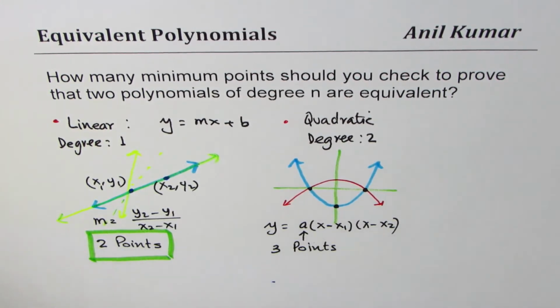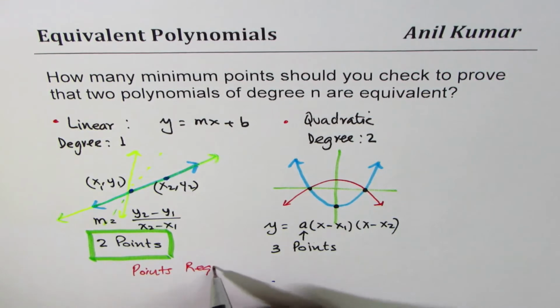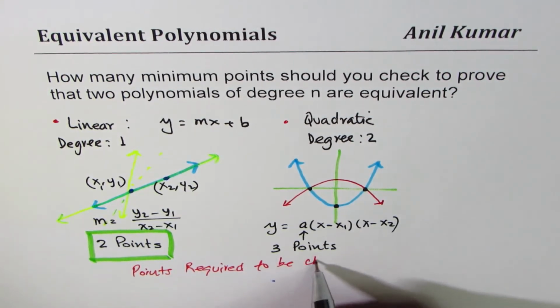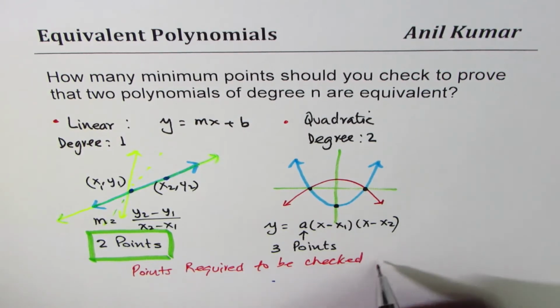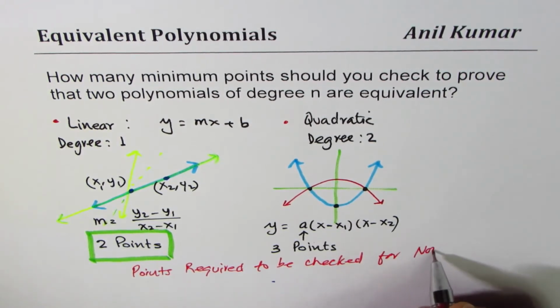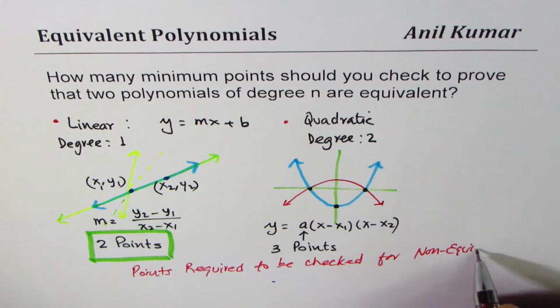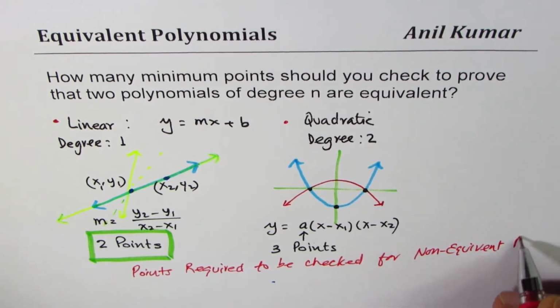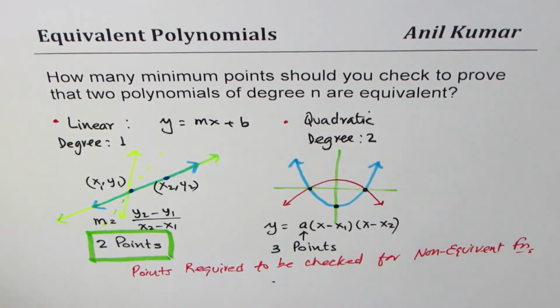So 2 points or 3 points, we are talking about points required to be checked for non-equivalent functions, right? So, okay. We are restricting ourselves to polynomials. That's correct.